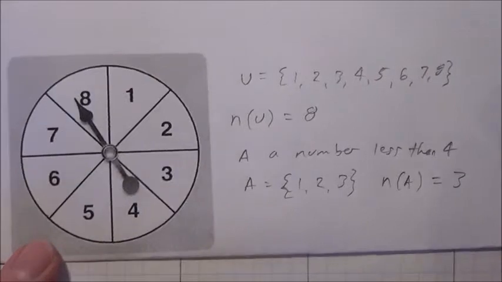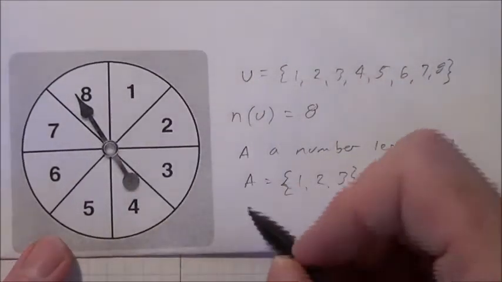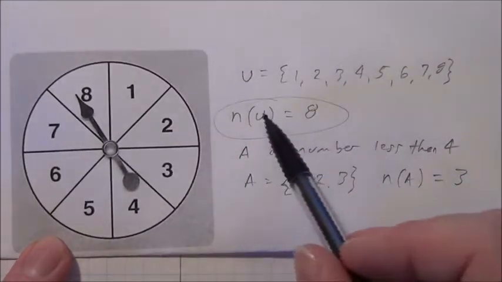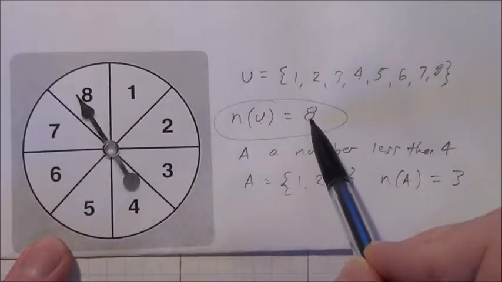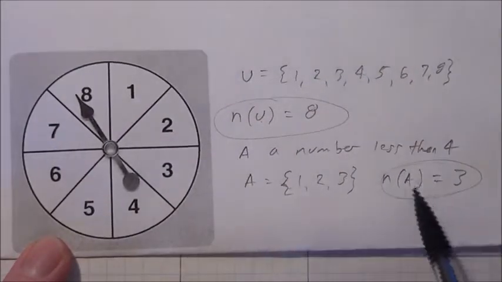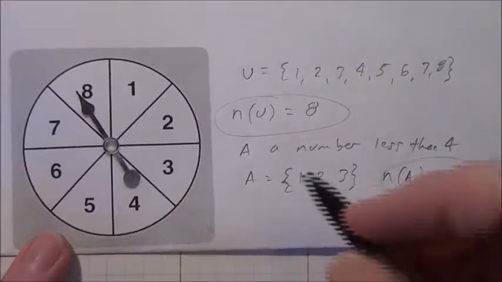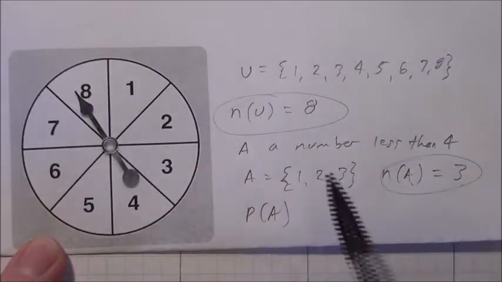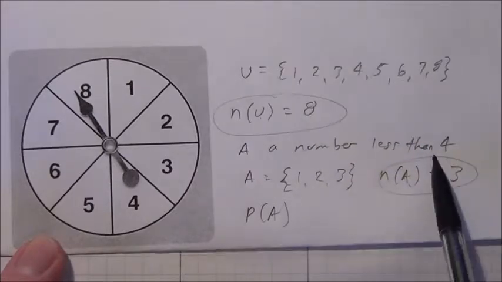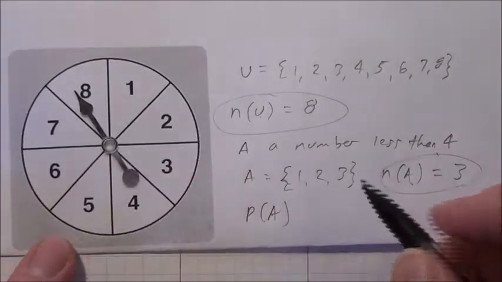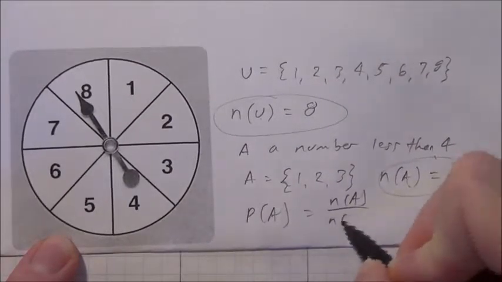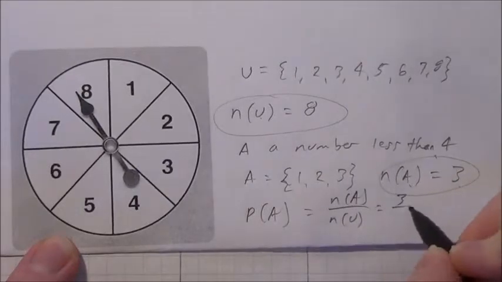Okay, so we can sort of look at that. And if we wanted to spin the spinner, we can say, well, if the number of elements in the universal set is 8 and the number of elements in set A is 3, then the probability of A, getting a value less than 4 when spinning, would be the number of elements in A divided by the number of elements in U, which would be 3 out of 8.